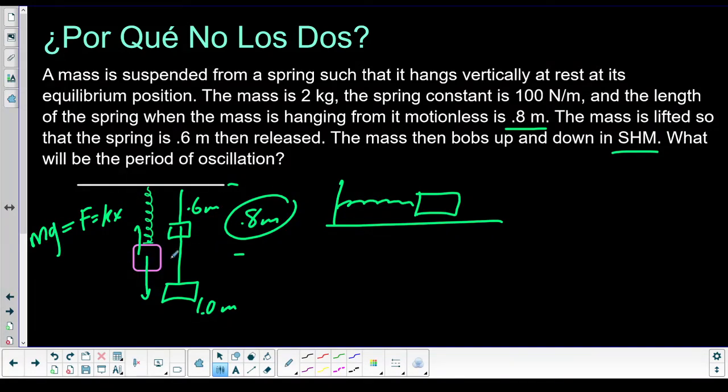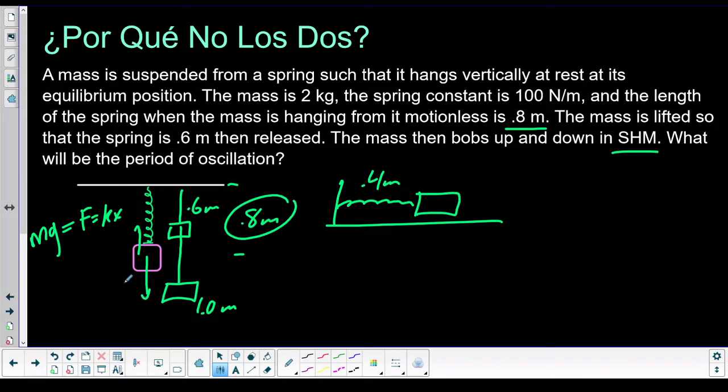The good news is all this does is change our equilibrium position. Maybe the unstretched length was 0.4 meters, and stretched because of gravity while hanging it is 0.8. It doesn't change anything else about the problem besides where the equilibrium is.